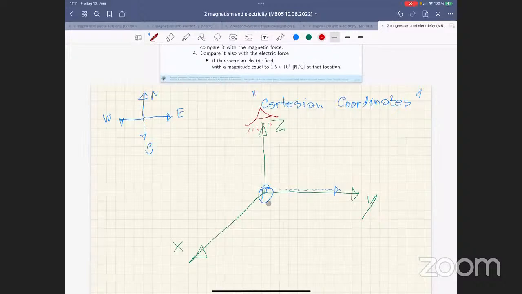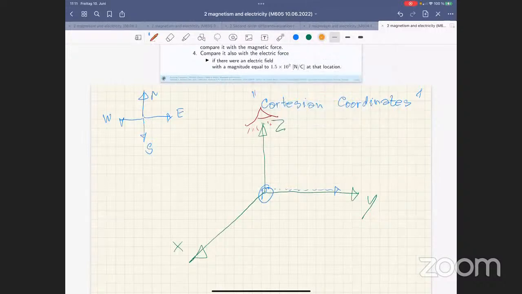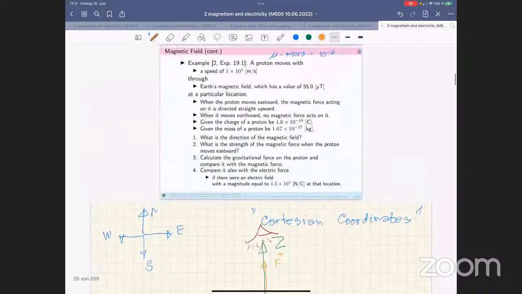And they say the force points upward. The force will exit the plane and point upward. It means that the force will be directed in this way. So this is the induced force, the Lorentz force. This is the detail from the problem.